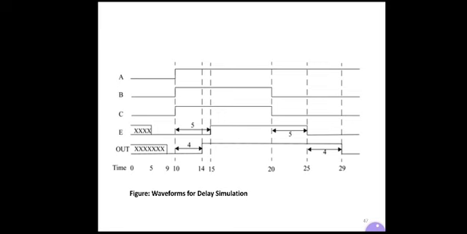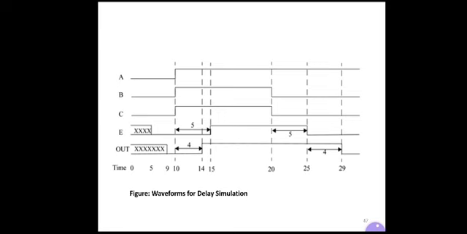Then at the 20 time unit, observe that the inputs B and C are transitioned to 0 because we have given the combination 1 0 0 as the input. That's why at the 20 time unit, B and C are transitioned to 0.